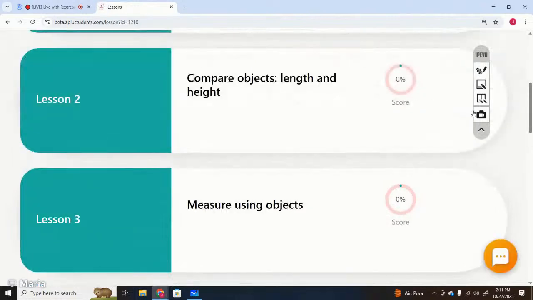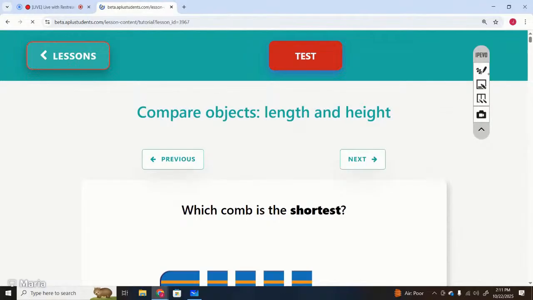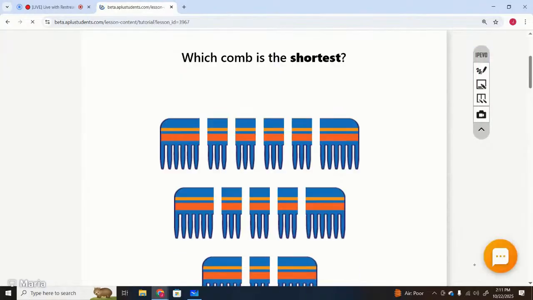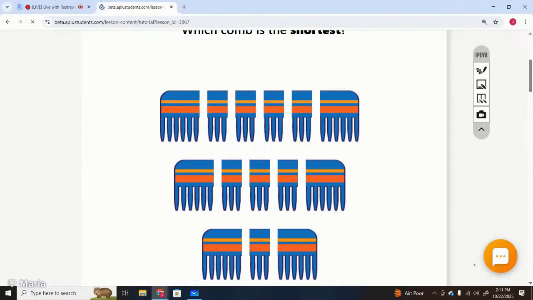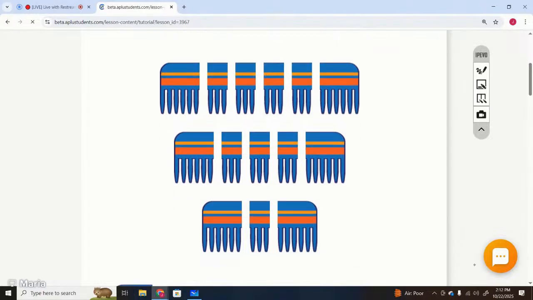The next lesson is compare objects by height and length. So now we are going to compare the length and find the shortest. You are given three of them. You need to find the one that is the shortest in length.